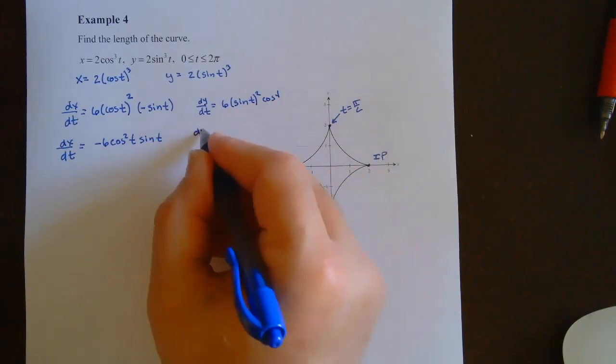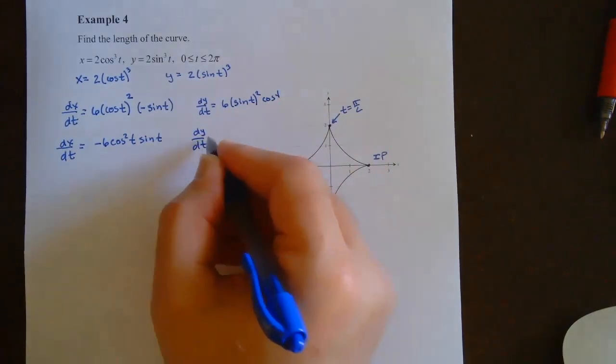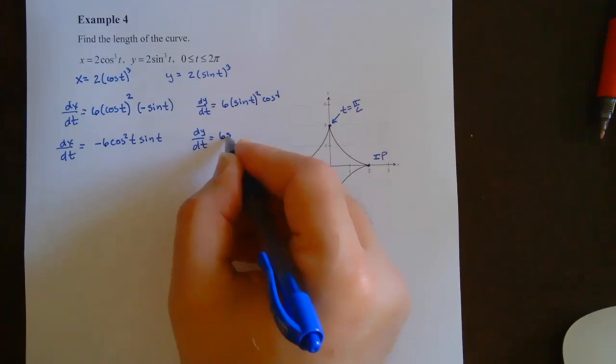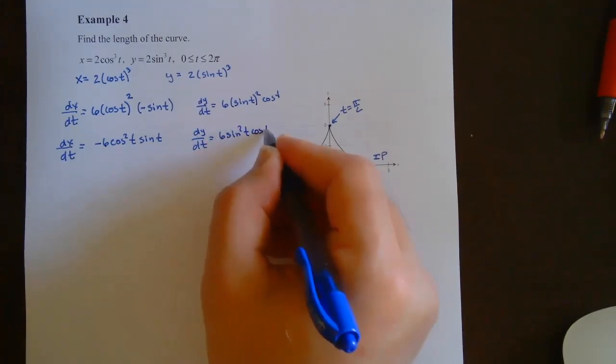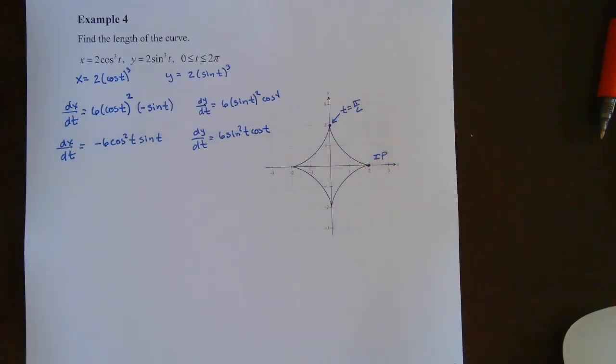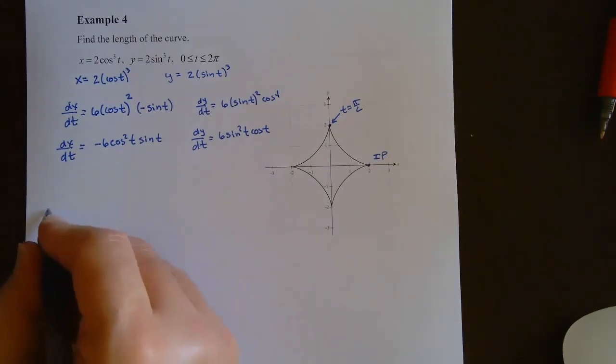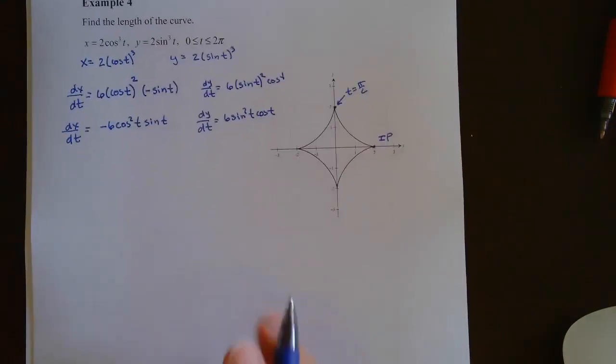Okay, so dy over dt is equal to 6 sine squared t cosine t. Okay. All right, so now we want to find the arc length, right? I'm going to come down here a little bit.